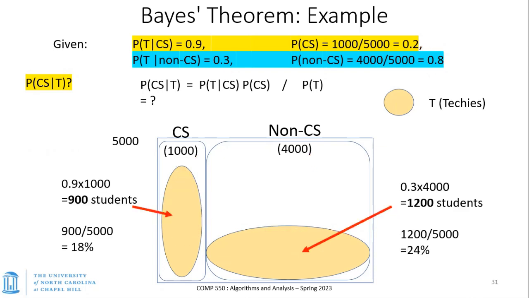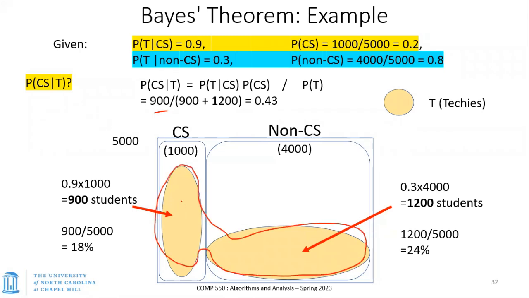If you do the math, this is 30% of 4,000, 1,200 students, and 90% of a much smaller set comes out to 900 students. So 900 divided by, now you have to divide it over this portion.